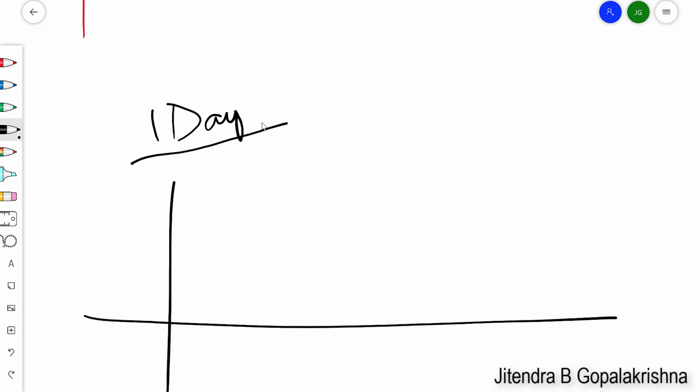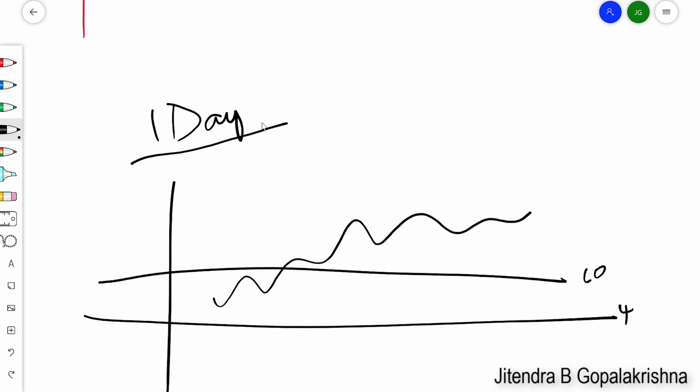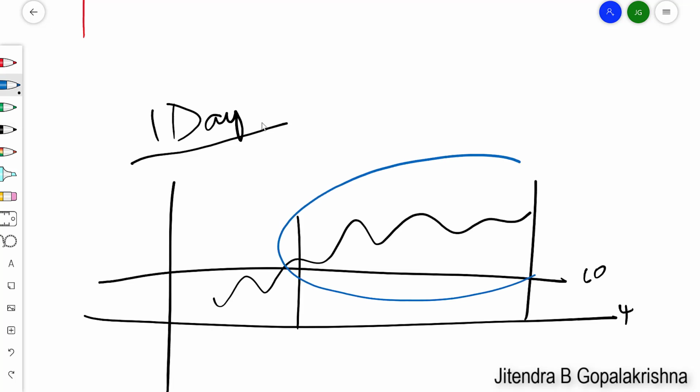So first, you will go to 1 day time frame and see the stock. If this is 60 and this is 40, RSI should be comfortably above 60. You see here, this zone is above 60. So once it is above 60, you come here and find out the date.